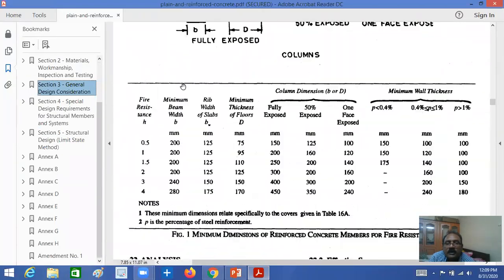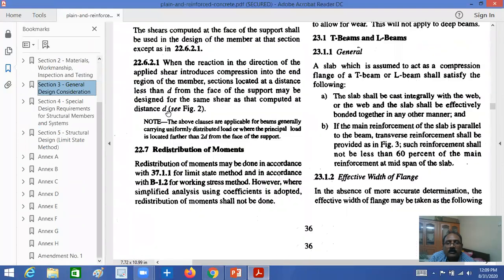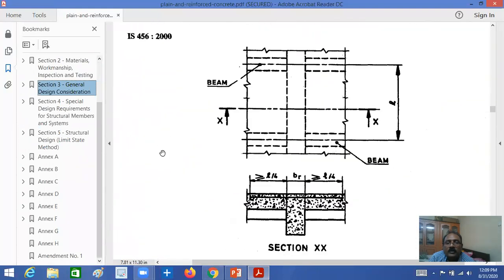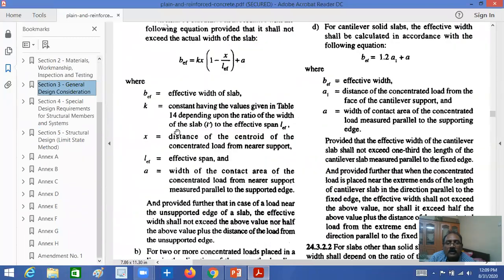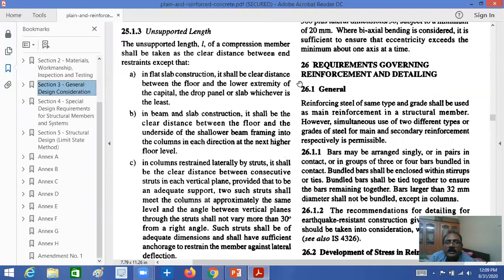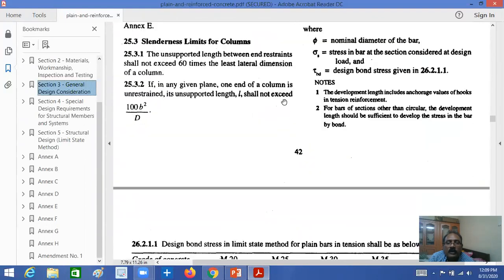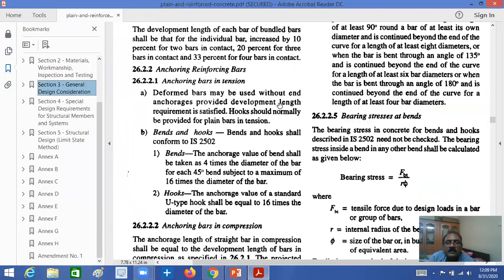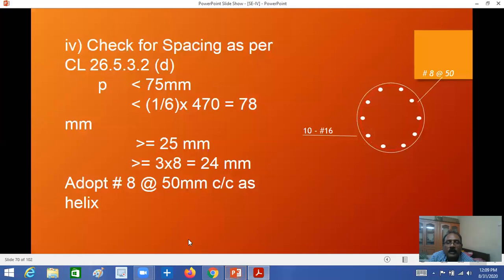If you check this, you will have these conditions, 26.5.1. Okay, if you see, they have given the maximum distance we have to provide. So according to this requirement for reinforcement, we have to provide stirrups for compression members. Okay, so in this way we have to solve the problem.